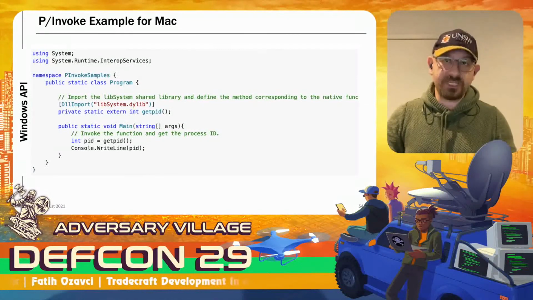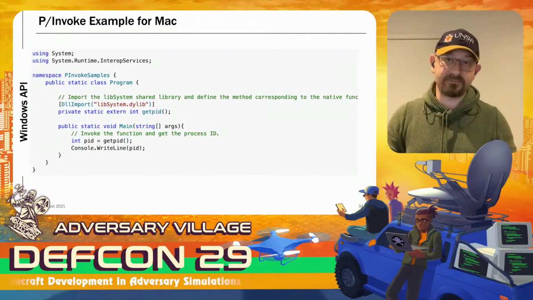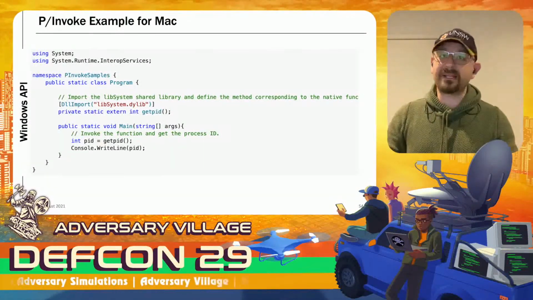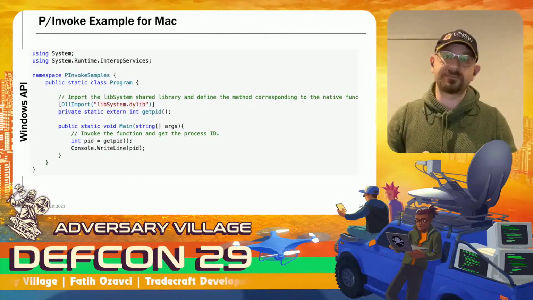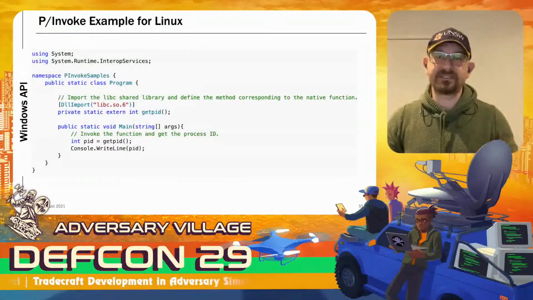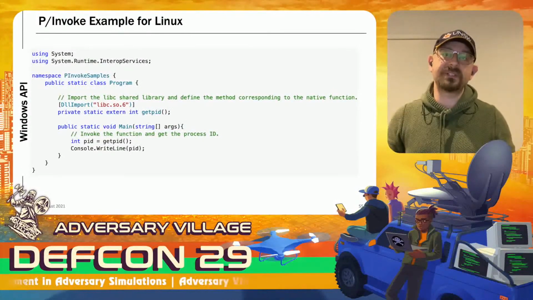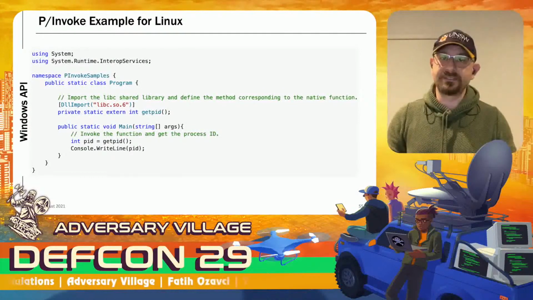You need to make sure that the APIs you need are available in the target operating system. Otherwise, your code would work on Mac, Linux, and Windows, but when you start referring to certain libraries, things change. It is the same for Linux, as you already see. This time it is libc.so.6. So simply you try to get the PID, and it works just like this.